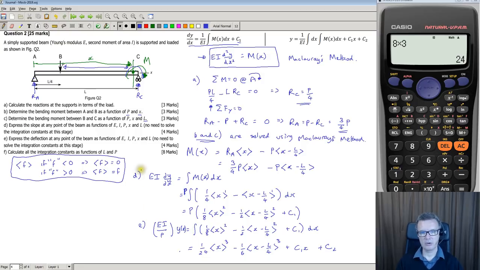Calculate the integral constants. So that's for part F. Right, so what I'll do is I'll write this down again and copy it to the next page.